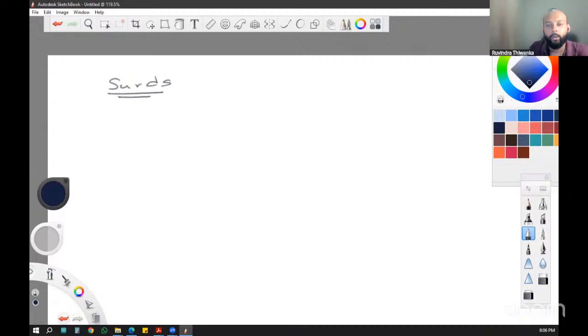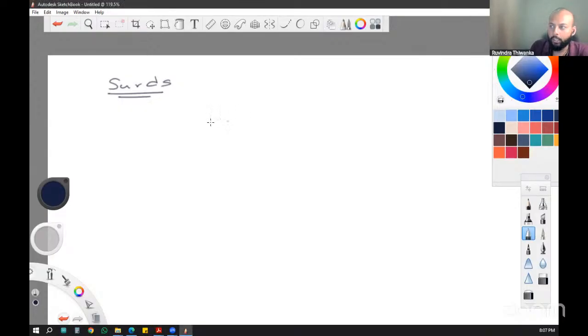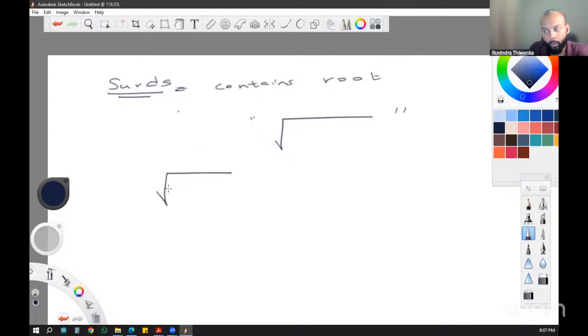What are these thirds? Thirds are the numbers that contain a root. What is a root? Root is this one. It can be a square root. If you put it like this, it's a square root. If you put 3 here, that is a cube root.